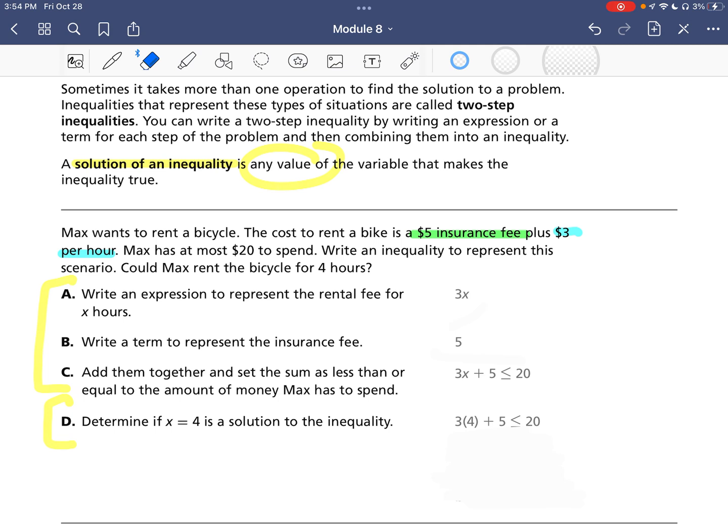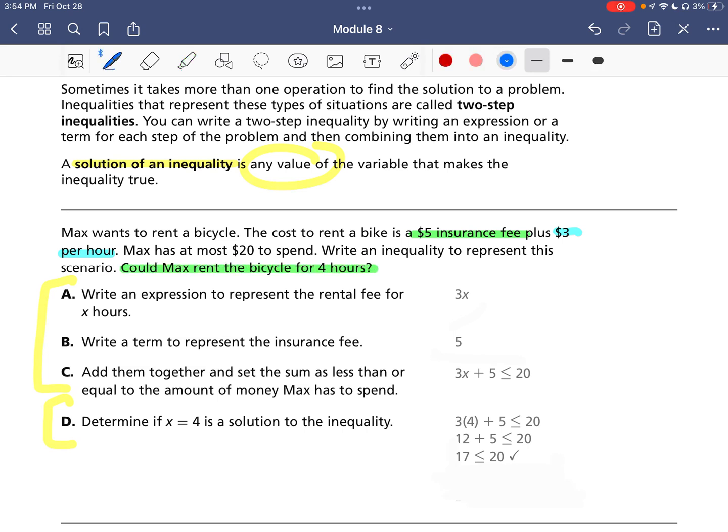Does it make a true statement? 3 times 4 is 12, plus 5 is 17, less than 20. Yeah, 17 is less than 20. So he will have enough to rent the bicycle for 4 hours.